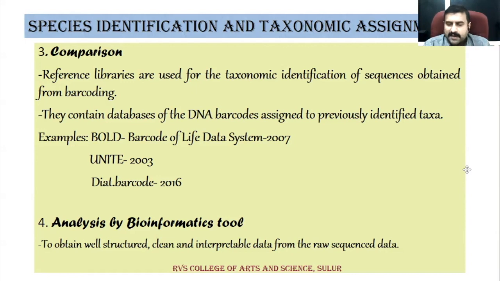So whatever outliers you identify, or if it seems a bit ambiguous, then again you have to repeat the process, because that will affect your output data. The output data will not be clean. So you should develop that expertise to avoid such outliers when you come with your sequenced data.